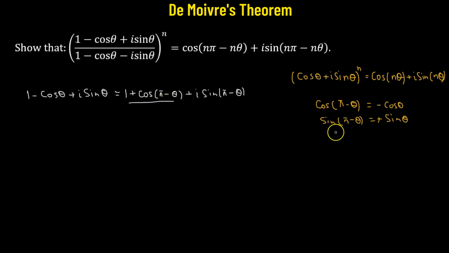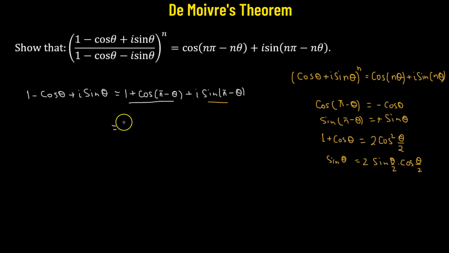The reason we're doing this is so that we can apply the half angle formula to the first two terms. The half angle formula states that 1 plus cosine theta equals 2 times cosine squared theta over 2. We'll also apply the half angle formula to sine of pi minus theta: sine theta equals 2 times sine theta over 2 times cosine theta over 2.